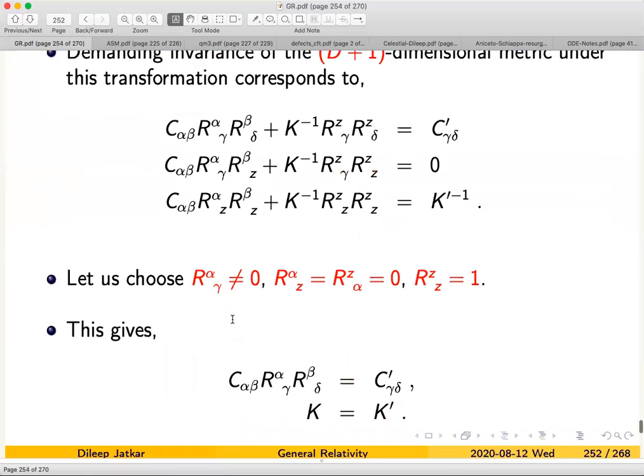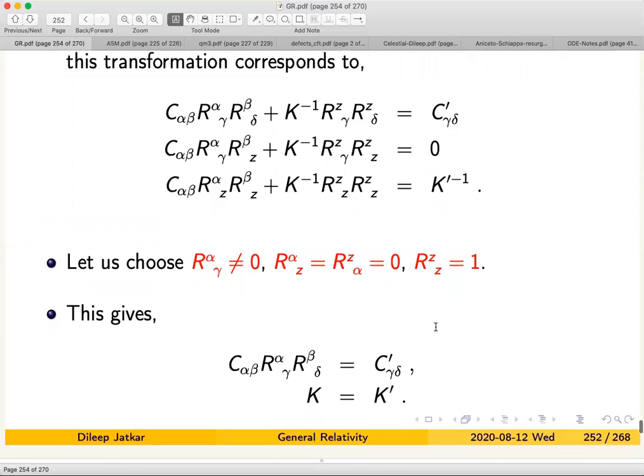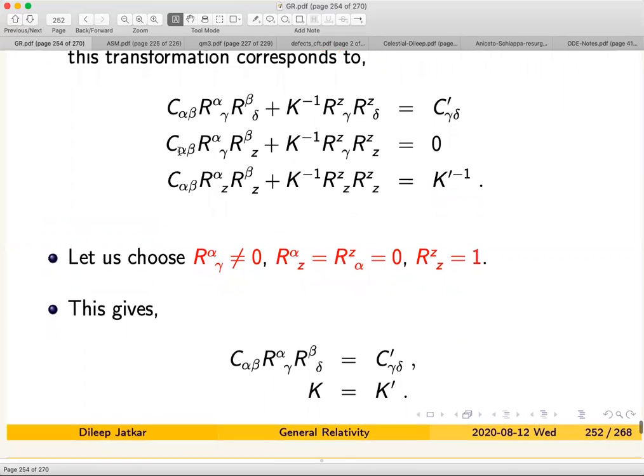Okay. So let's choose these transformation matrices that we have written down. Okay, so let's say r alpha gamma is not equal to 0, but anything which rotates x alpha to z is 0, and suppose r z z is equal to 1. Okay, if you do that, then you will find that anything which involves r beta z or r z gamma will be set to 0.